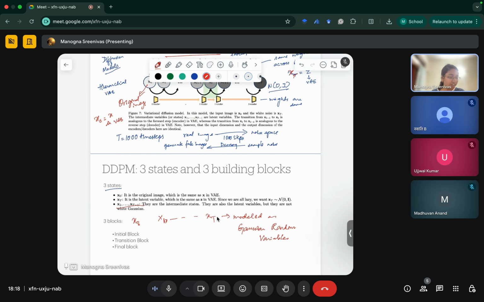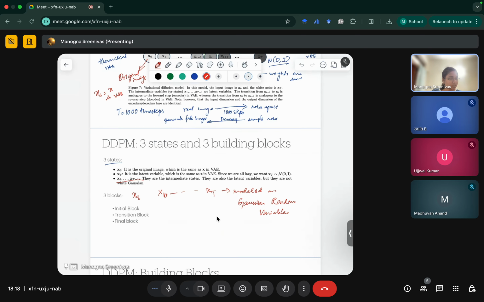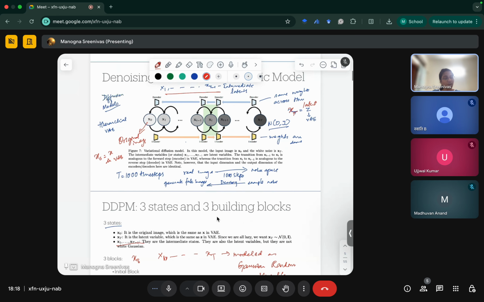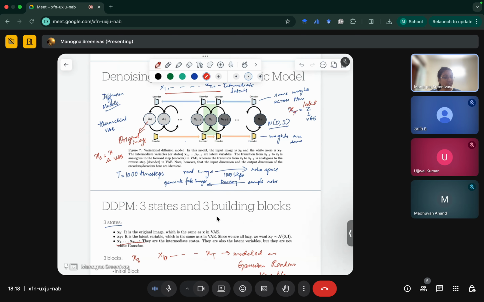And yeah, there are three blocks in this network. That is the initial block, the transition block, these intermediate steps, and the final block. Three blocks in the sense of the architecture. So this is the first block, which connects to the next state towards its right.